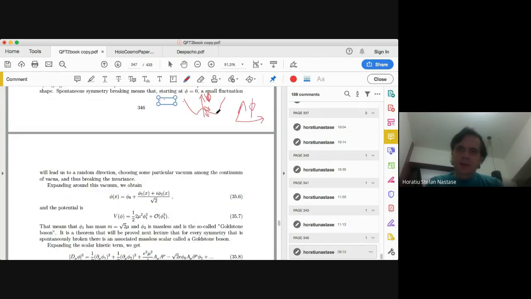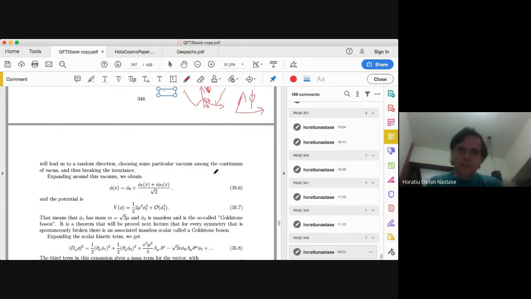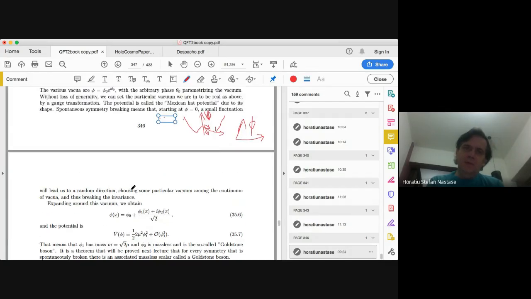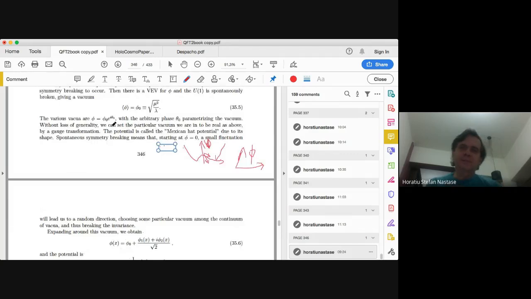So let's say this is the real direction, so this would be φ1, and then in the complex direction like this would be φ2. That's transverse to φ0.